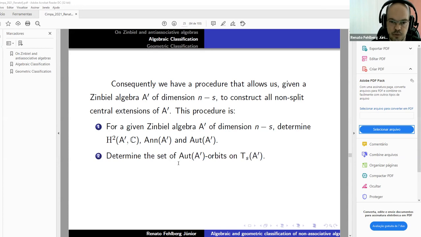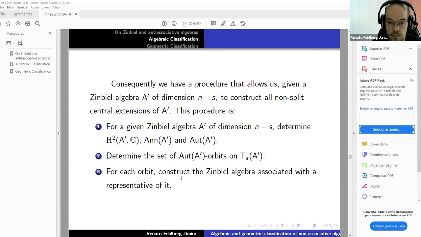We determine the set of automorphism orbits on T_s, and with these orbits, we can construct the Zinbiel algebras associated with a representative of each of these orbits.